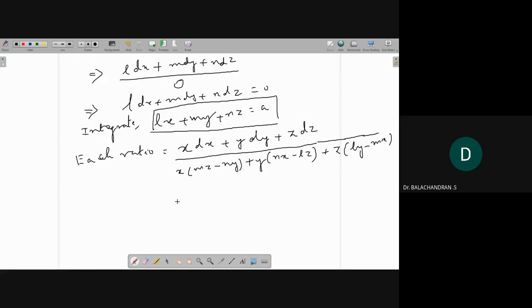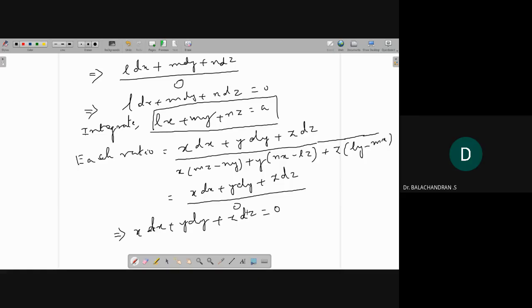So this is equal to x dx plus y dy plus z dz divided by 0. So this implies the numerator x dx plus y dy plus z dz equal to 0.